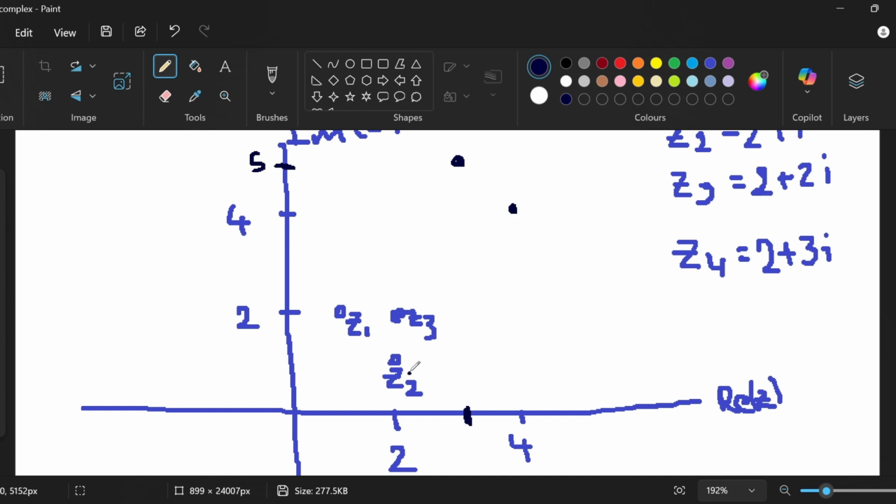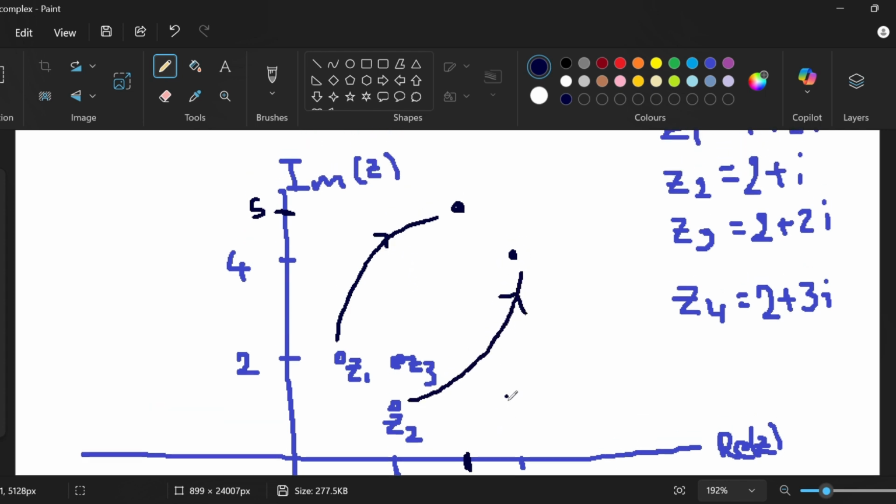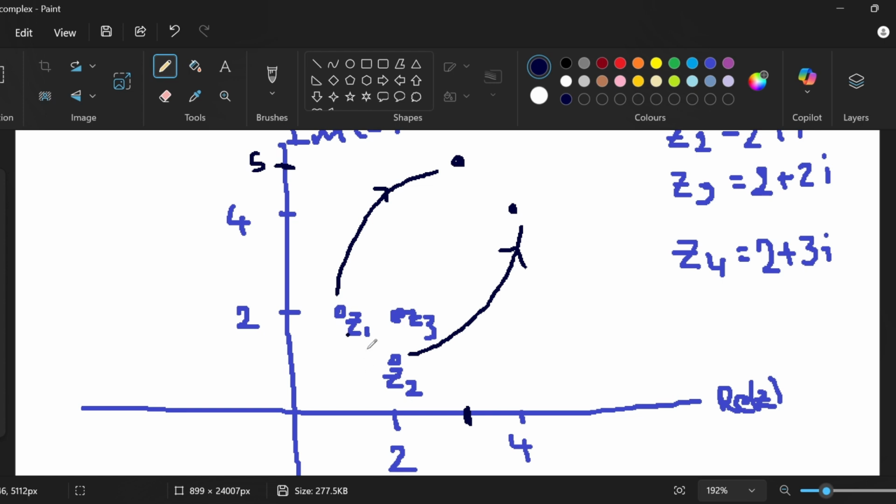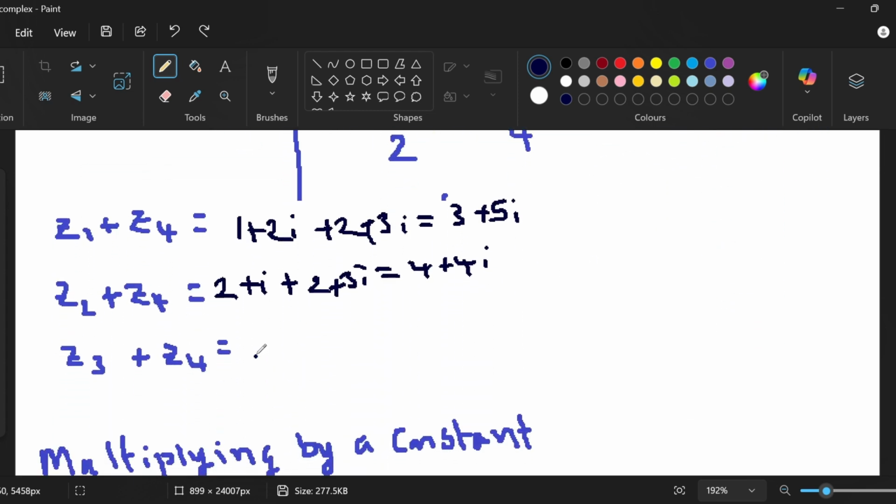And if we had maybe more accurate graph paper, we can see that z1 and z2, when we add the same number to these points, they translate by the same amount and in the same direction.